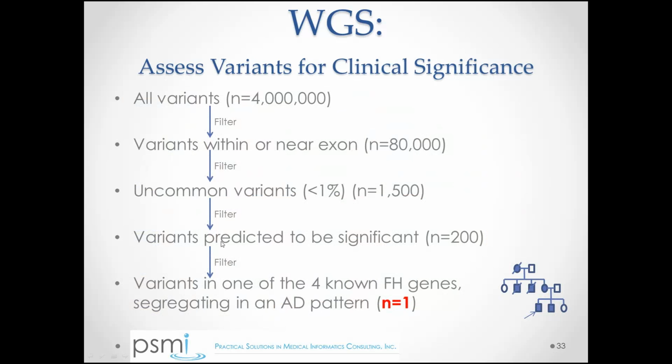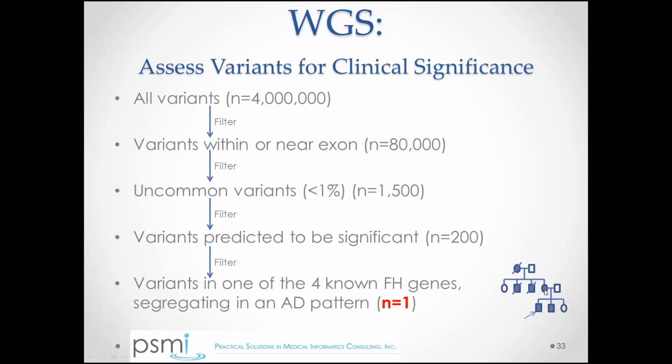So based on our filtering for which variants we believe to be clinically significant, we then further filter one last time, and we say, okay, of those 200, which one of those variants is in one of the 4 known familial hypercholesterolemia genes, and which one segregates in an autosomal dominant pattern? So what we actually did here was we also tested the brother and we also tested the mother.